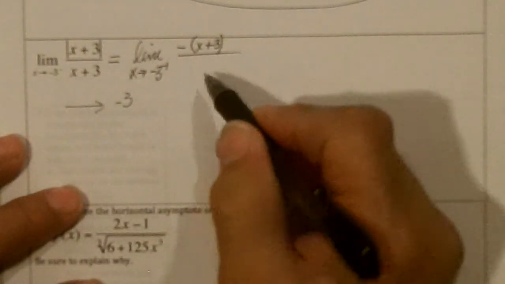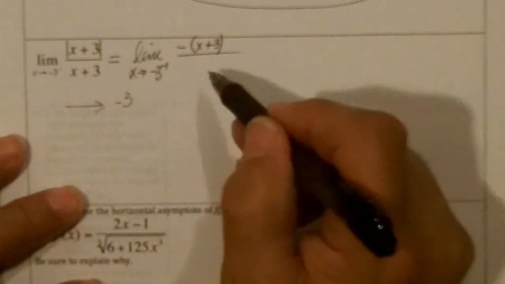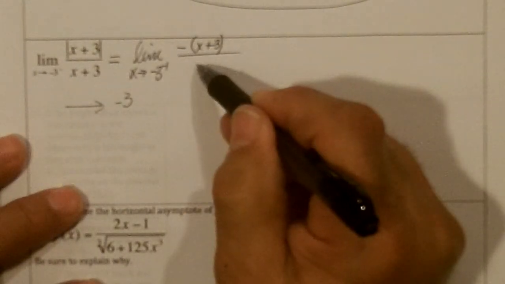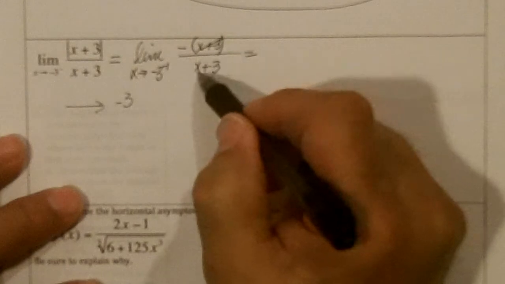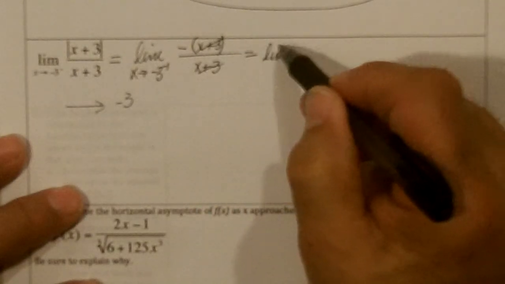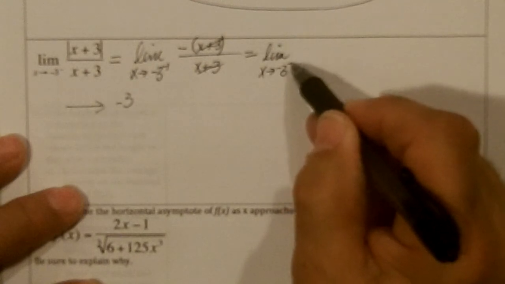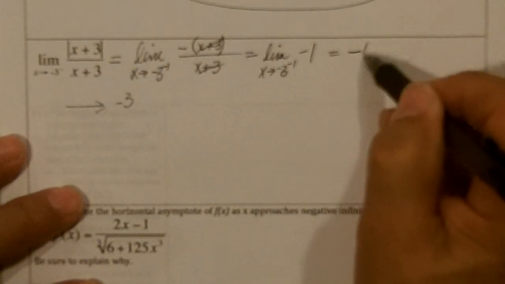If I was on the positive side of -3, it wouldn't change them, and I would leave that out. But since I'm coming from the negative side, that's what we have over x plus 3, which then cancel out, and I have the limit as x approaches -3 from the negative side of -1, which is -1.